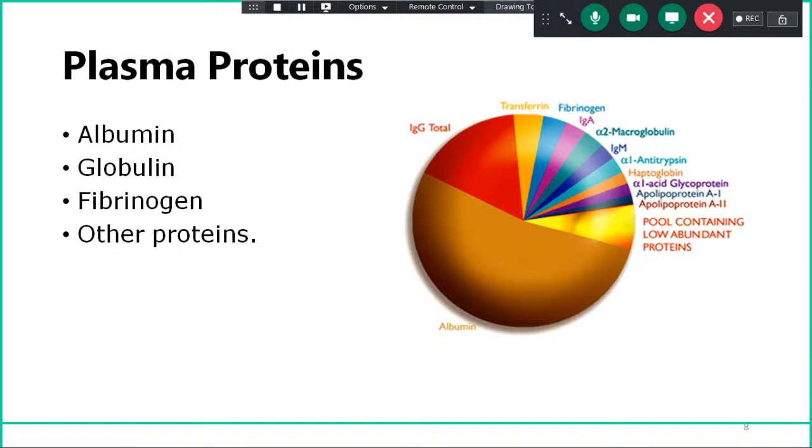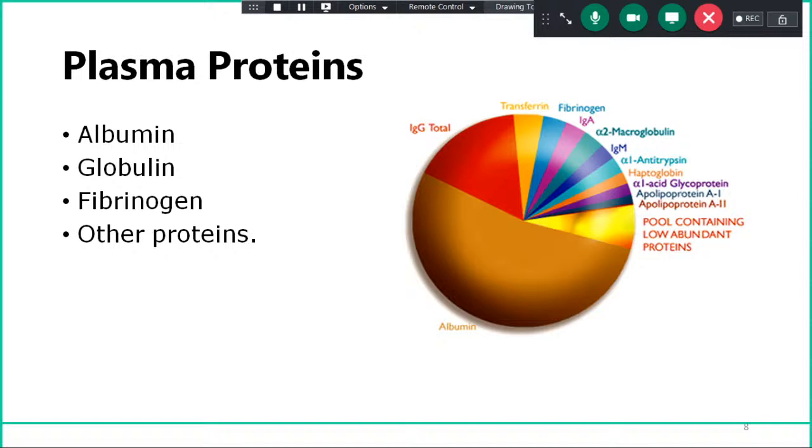The major fraction of the plasma protein is made up of albumin, which is almost 60% of the total plasma protein. Then globulin is the second major part, which constitutes up to 35% of the total plasma protein. Then comes fibrinogen, that I already told you is approximately 4% of the total plasma protein, and the other proteins are less than 1%.